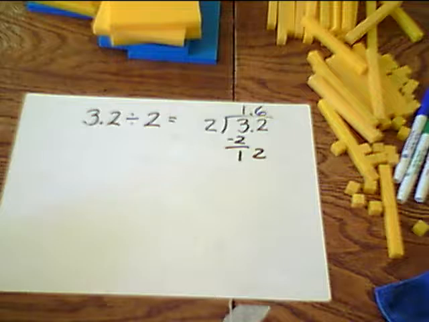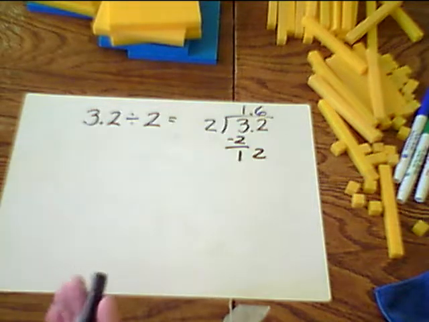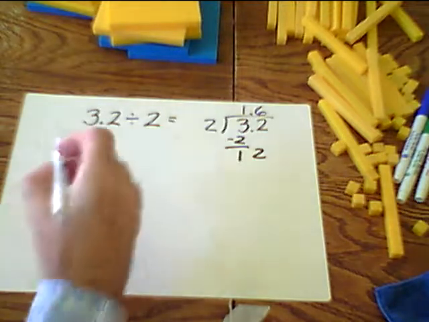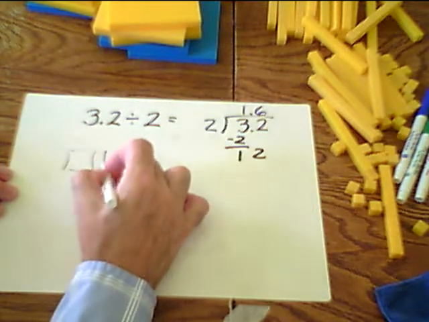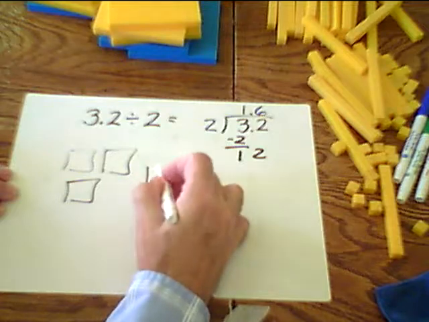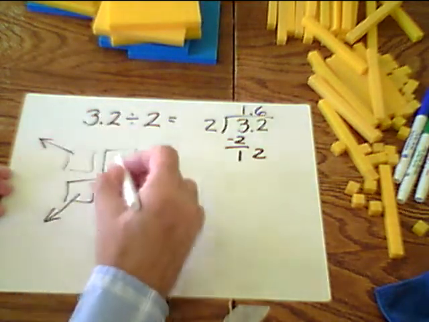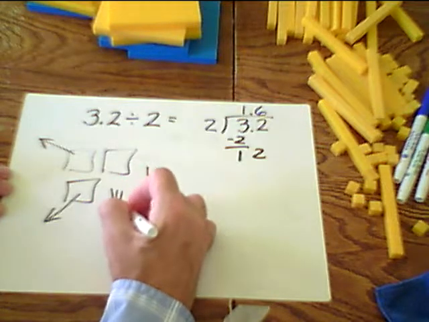And of course I'd want them to use the base 10 blocks, or some kind of computer program, or semi-concrete model such as having 3 2/10 there and breaking those into 2 groups. Okay, this goes into one group, this goes into one group, and this turns into 10.